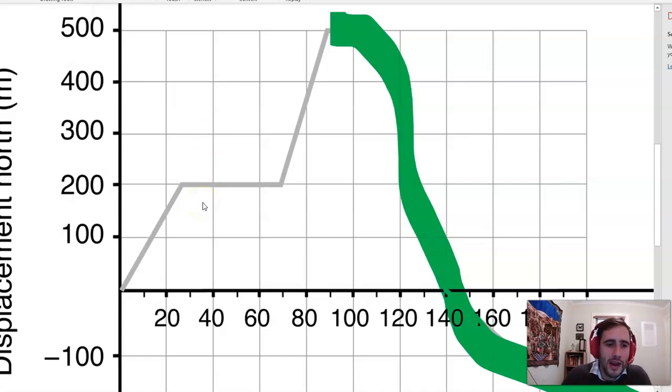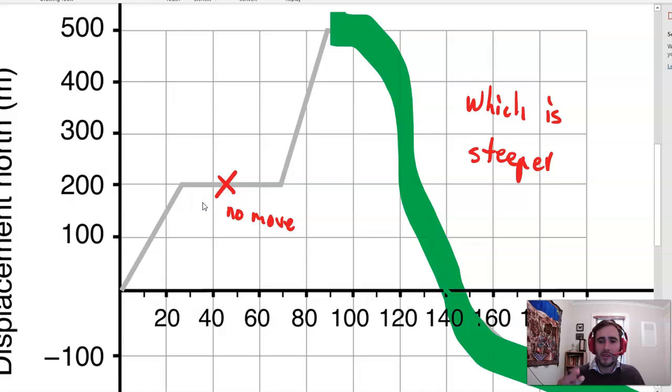We know that it's not this, because there's no movement happening here. They're 200 meters displaced, so for the next 60 seconds or something, or 50, they're not moving. So it's either one of these spots here. Now look at the shape of the line here and compare it to this one. I could ask you the question, which is steeper?